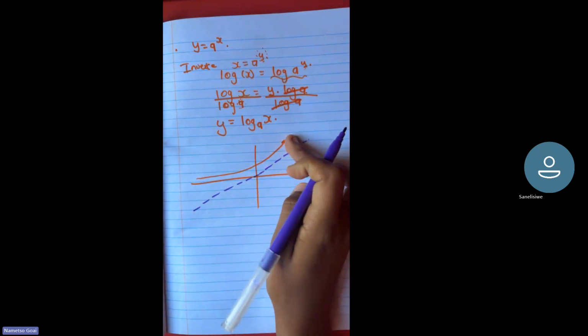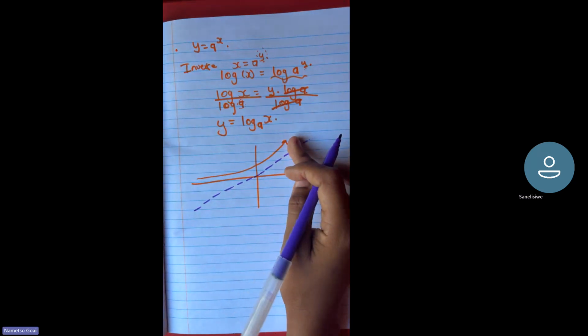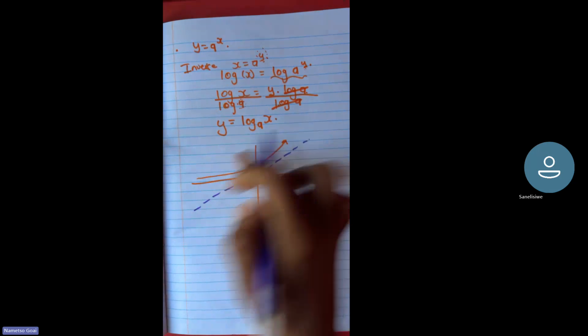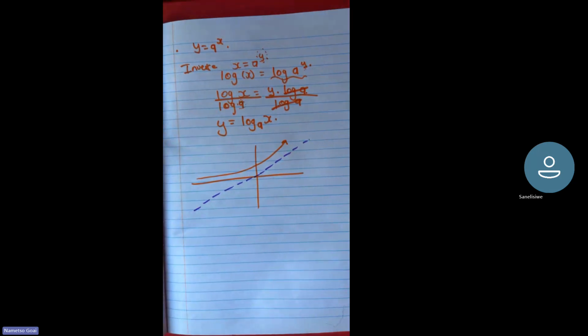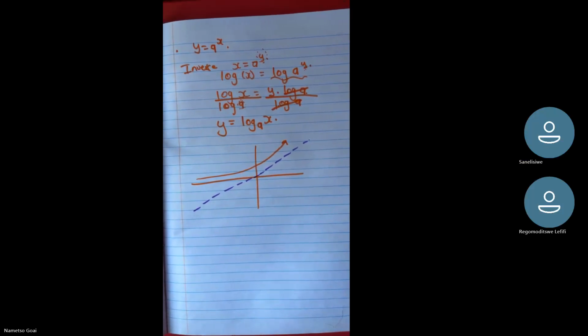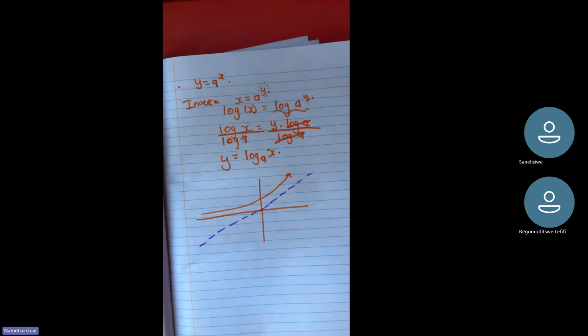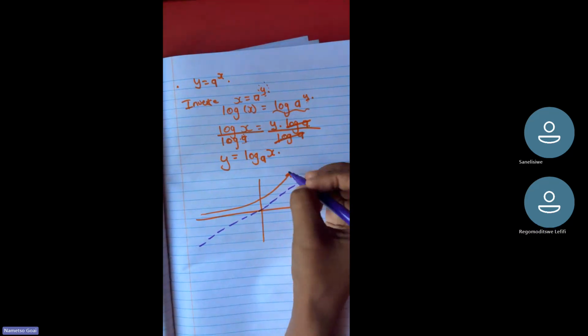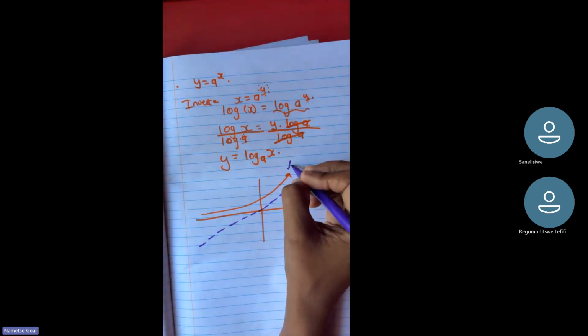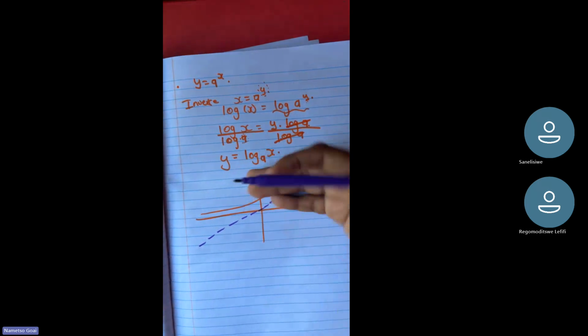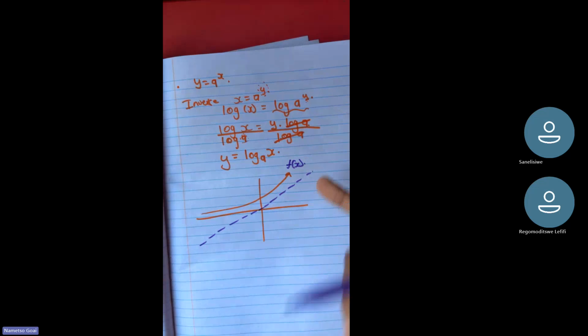So if this is your original function, your f of x, it's a mirror image along the y equals x line.